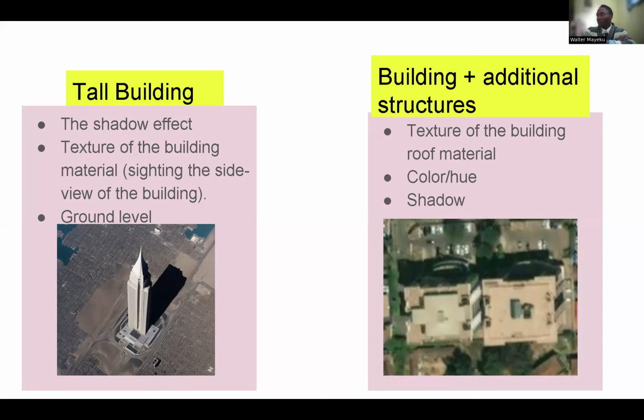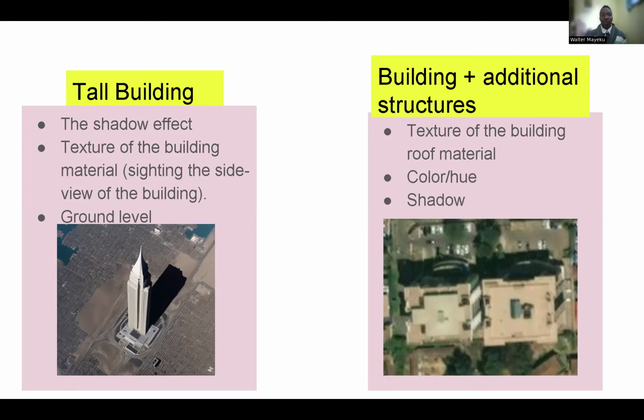Then, of course, we look at the texture of the building material. If you're looking at the side of the building, you can tell that the roof of the building most of the time will have a different material from how the side of the building will look.